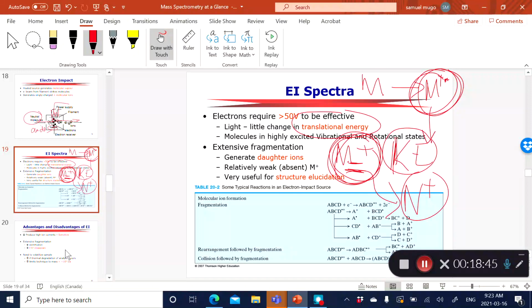And so because of that, it tends to fragment to release some of that energy. So you often get a lot of fragmentation occurring. In fact, in some cases, these ions fragment completely, such that you never actually see it in your spectra. So typically you would have something like that, the signal or the intensity.